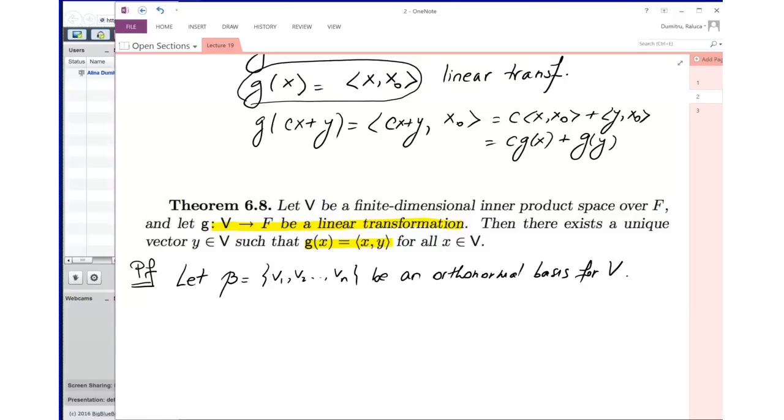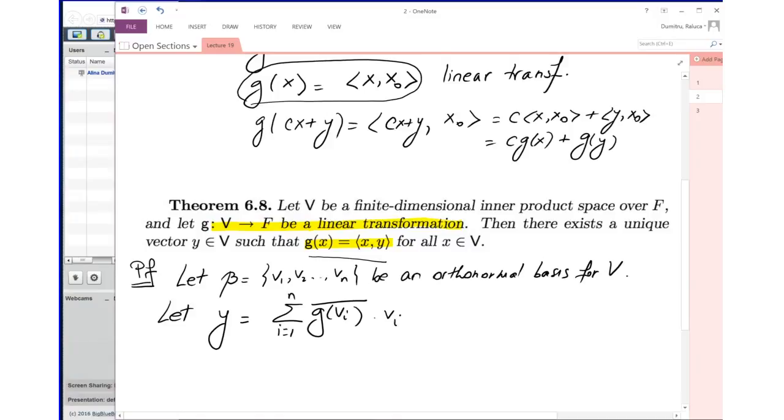It's not going to be a very nice existence, we'll just come out with a vector. So let y be the following vector: the sum i equals 1 to n of g of vi conjugate times vi. Why conjugate? Because y appears in the second argument of the inner product, so when you simplify and pull the scalars out, you need another complex conjugate on top. That's why you need g of vi conjugate.